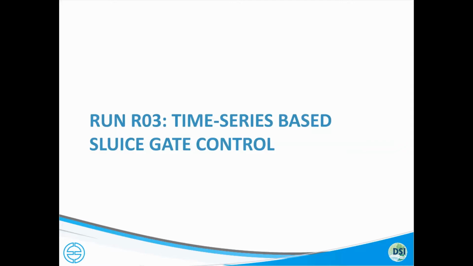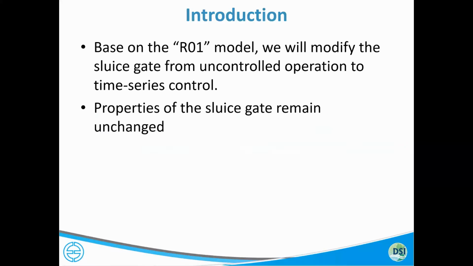So we can do the same thing with time series based control. And this makes the assumption in this example that there is some regular operation of the gate that the gate operators already have predefined. So here you're just defining the gate operations on a known time series.